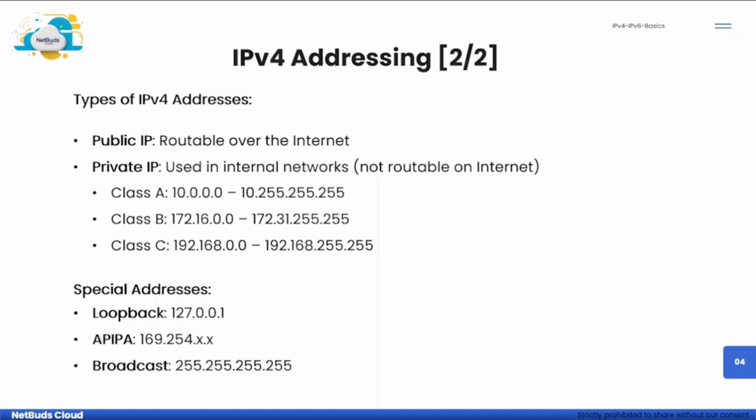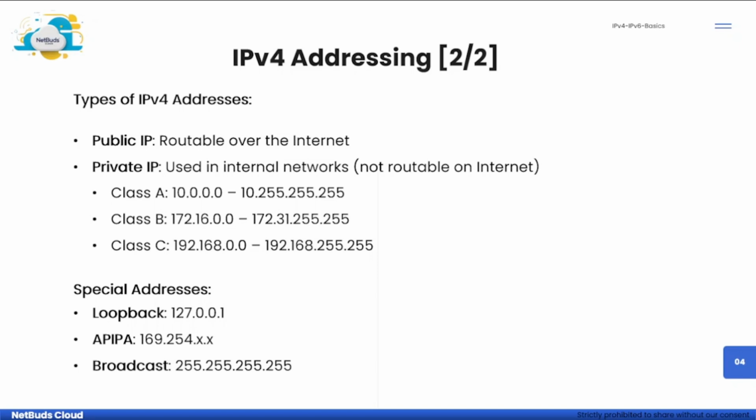It has three classes which are part of RFC 1918: class A, class B and class C. The range for class A starts from 10.0.0.0 to 10.255.255.255. Subnet mask is /8 or 255.0.0.0.